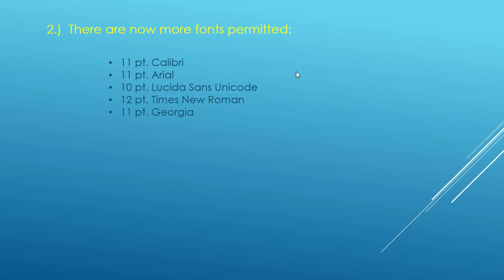APA does not mandate which of these is necessary or preferable for use. It leaves that for an instructor's interpretation or for a publisher's preference. So again, that might be something you would want to clarify for your students at the time you make an assignment. The one thing APA 7 does specify is that whichever font you use, you use it consistently throughout your paper.